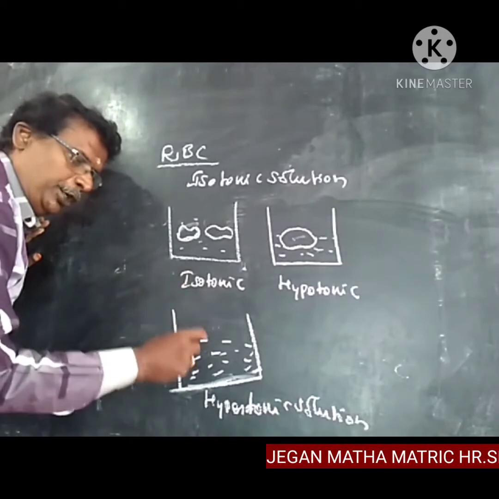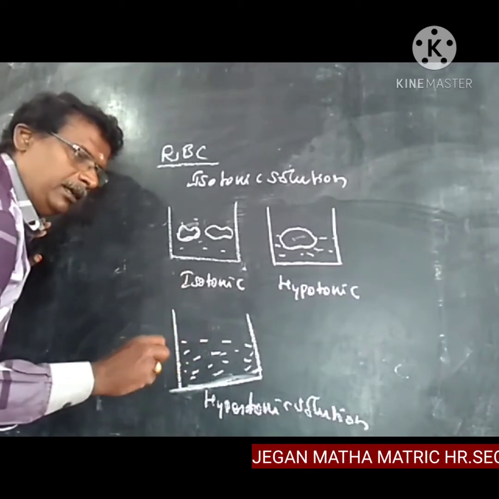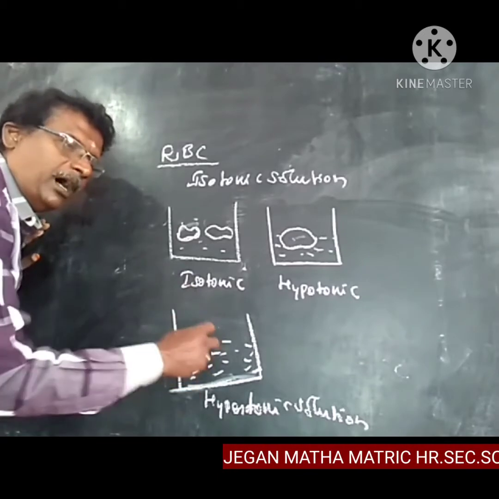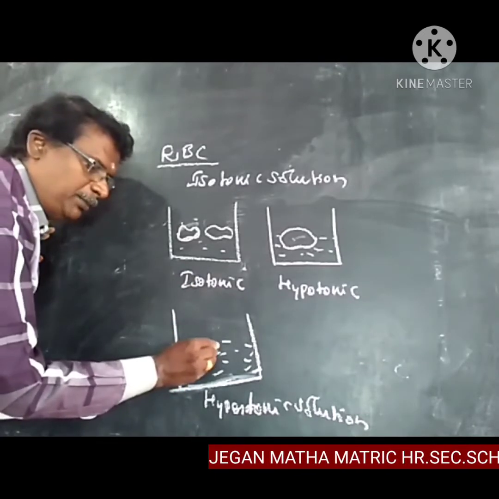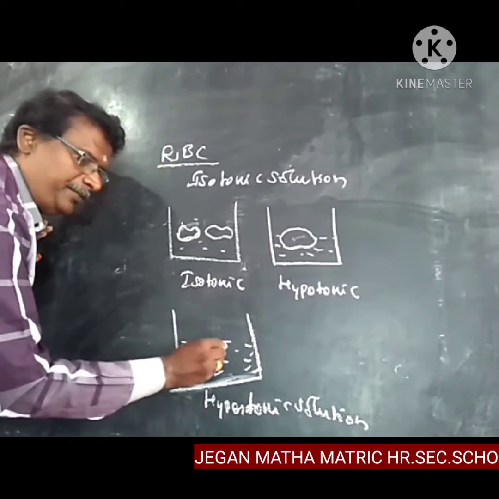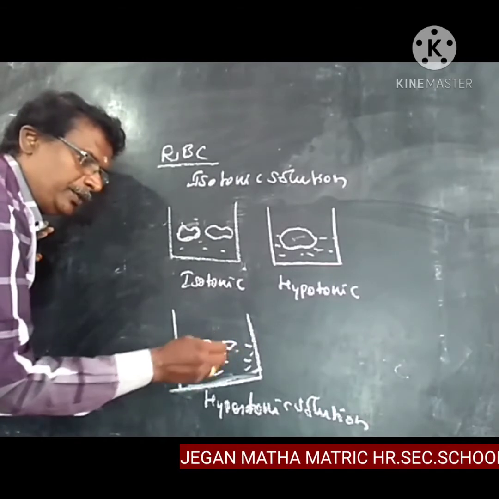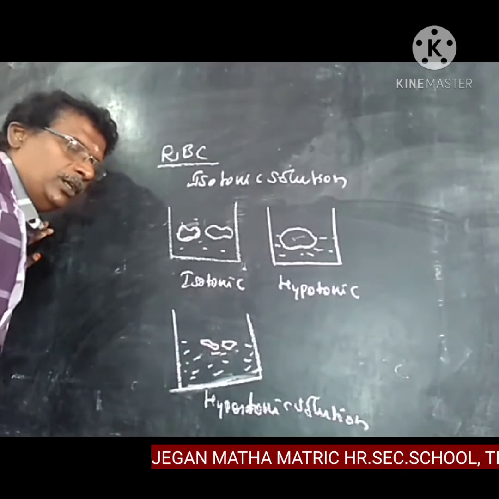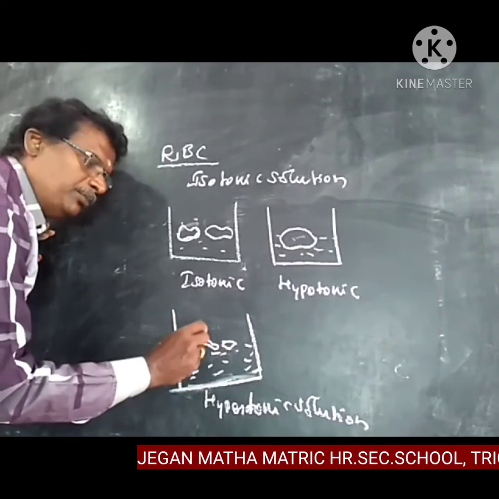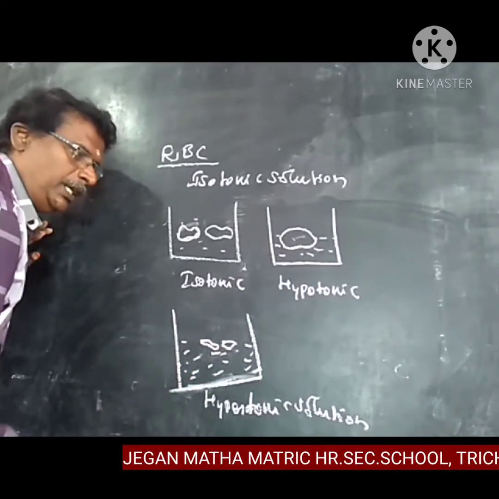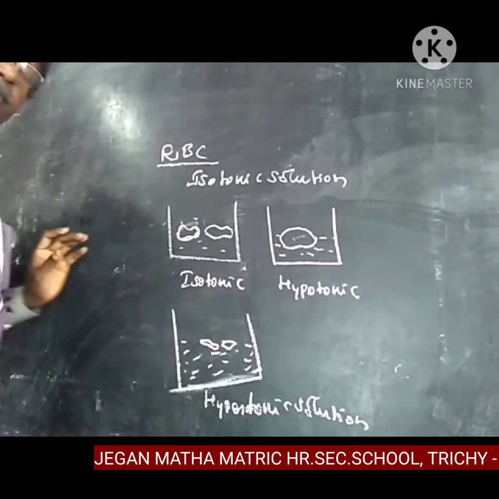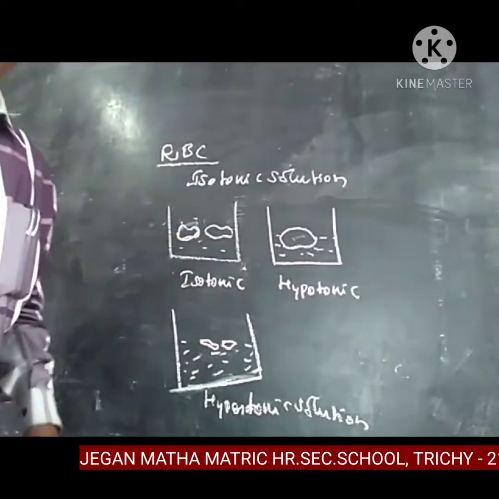So all the water molecules are released from the RBC, and the RBCs become shrunken. All the water molecules are removed from the cells, and this affects the RBC function.